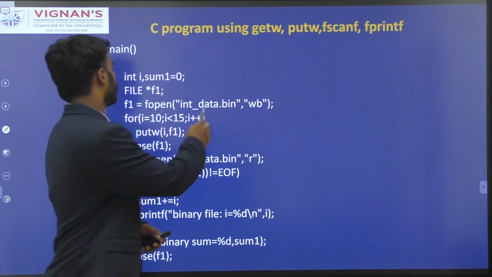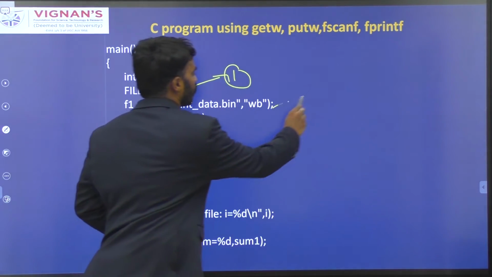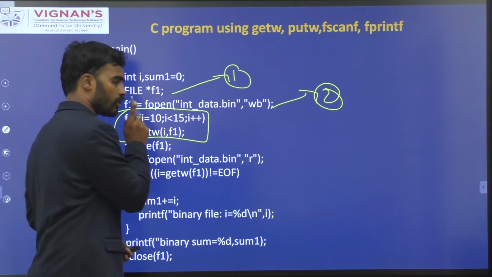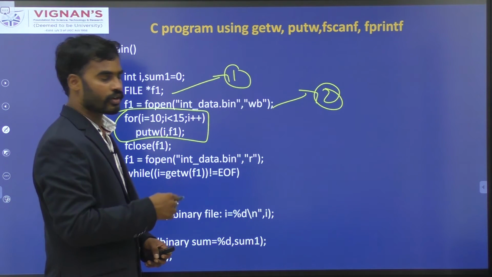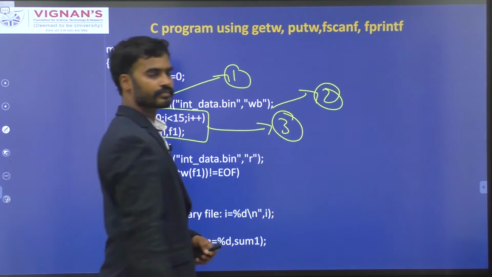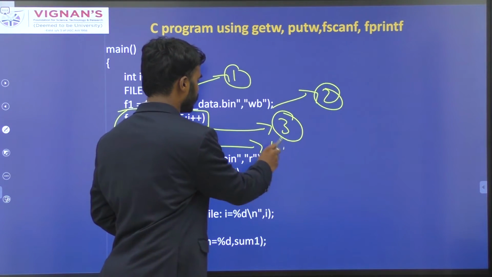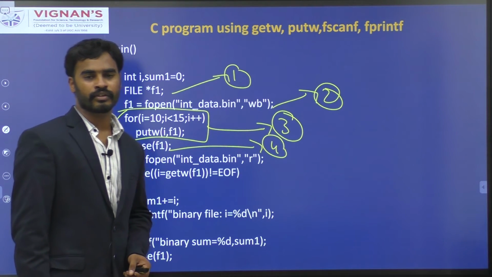First, create a file pointer, open a file, and write all the numbers one after another into a file, then finally close the file. So the writing part is finished. Now we have to perform addition of all the numbers.